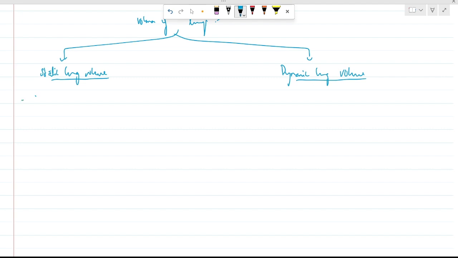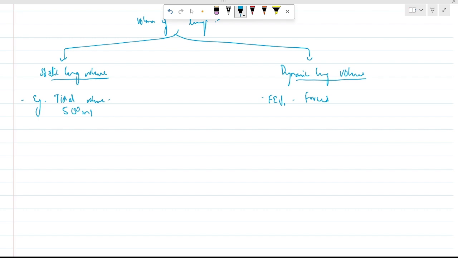Static lung volume, for example, we have our all important tidal volume, very simple, which is our 500 milliliters, okay. Dynamic lung volume, we have our FEV1. What does this stand for?